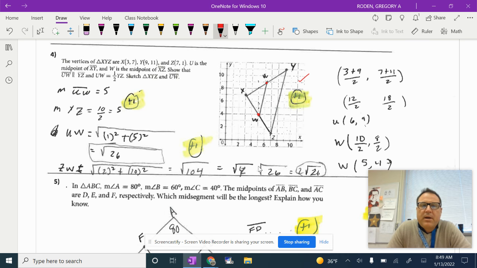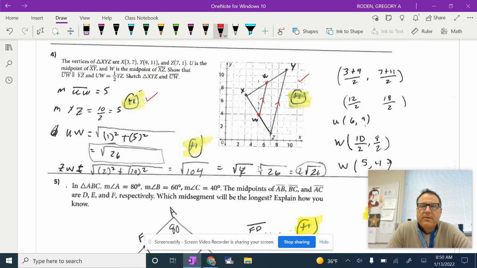And the slope of YZ, or ZY, is rise 10, run 2, which also is 5. So what have you just shown? You've just shown using the slope formula that these 2 sides are parallel to each other. And that's what that question was asking for. Some of you didn't show me the slopes, and you had to show me the slopes to get 1 point.